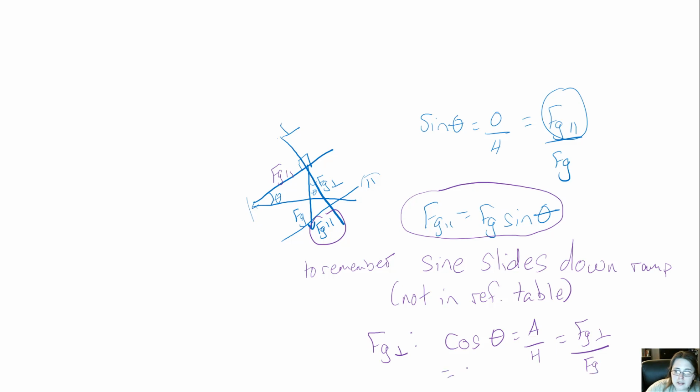So then we get the force due to gravity perpendicular is equal to F_g cosine of theta. So then we have broken this into components, okay? And the next time I see you, we will work on putting this into practice.